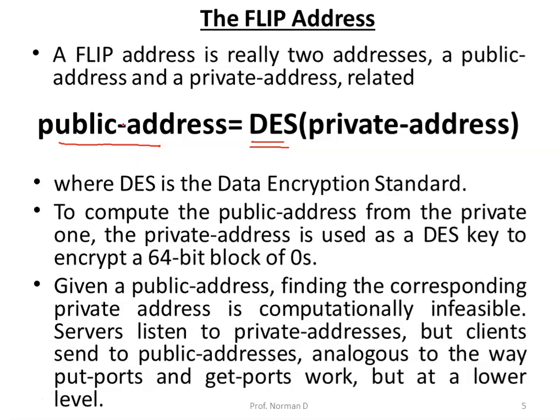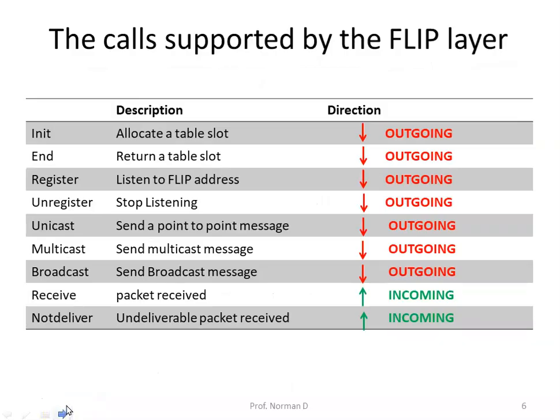The interface between the FLIP layer and the RPC layer has 9 primitives. 7 are for outgoing traffic and 2 are for incoming traffic. All those 9 calls are listed in this table.